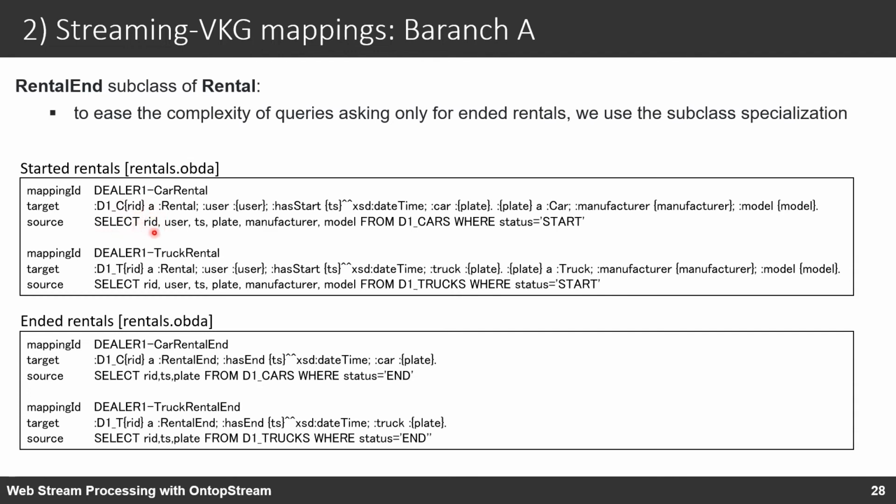So this RID field selected from my Flink SQL query will be put inside my RDF triple at the moment of the translation. The same for this manufacturer result, which will be put inside this triple and replaced here.